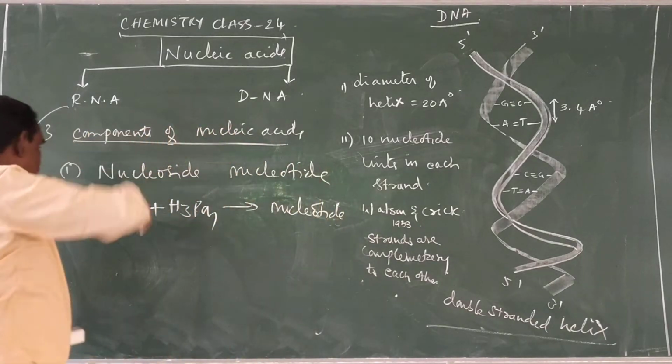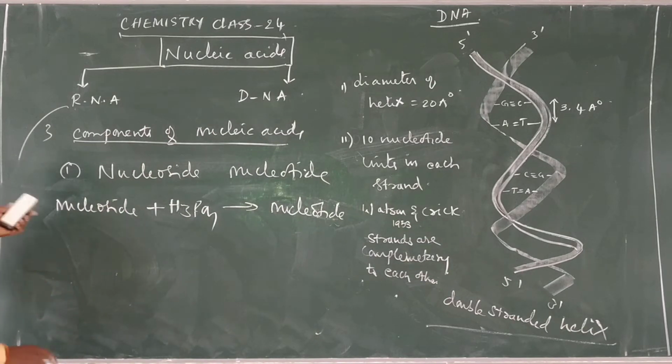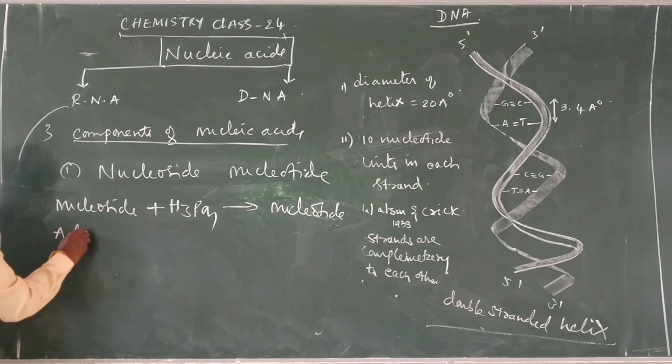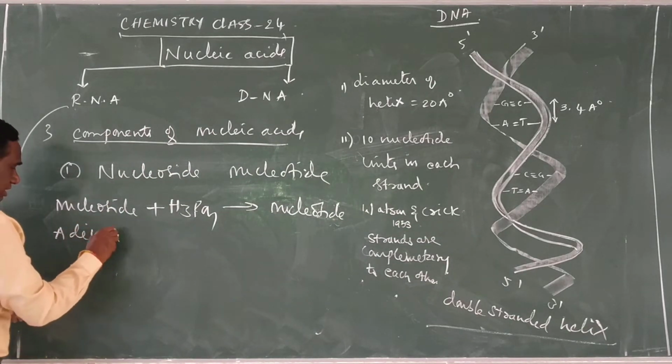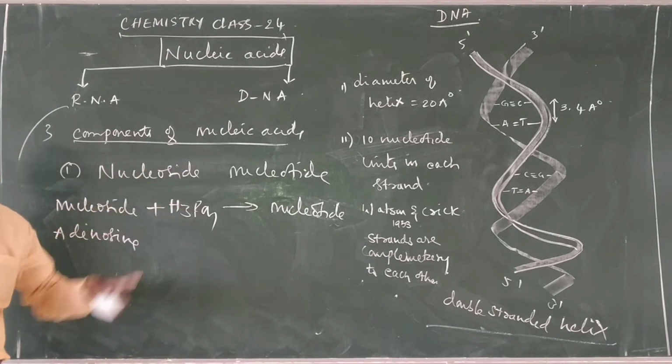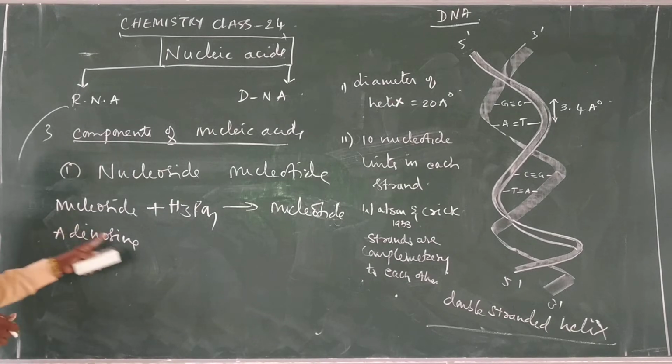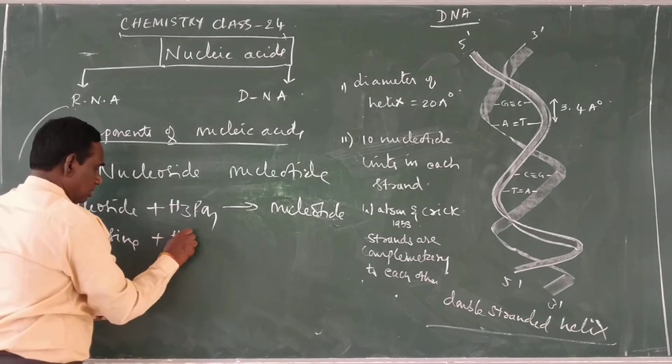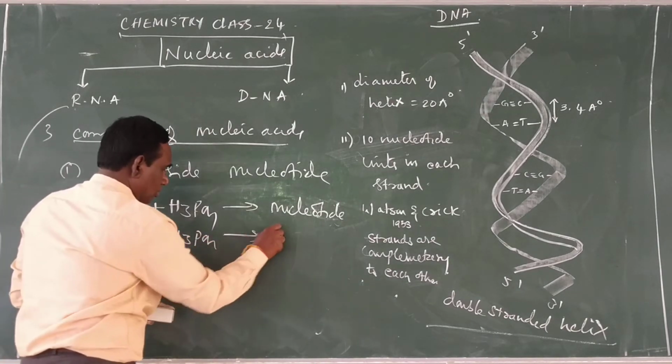For example, adenosine is the nucleoside of adenine with the sugar unit ribose. Adenosine plus phosphoric acid gives adenosine monophosphate.